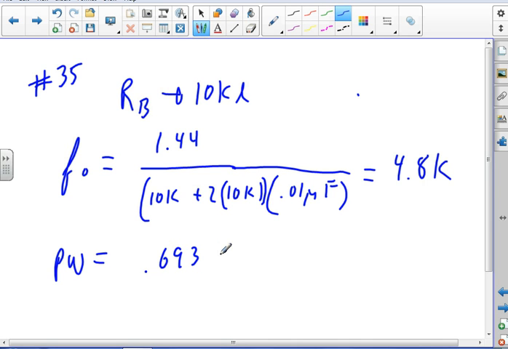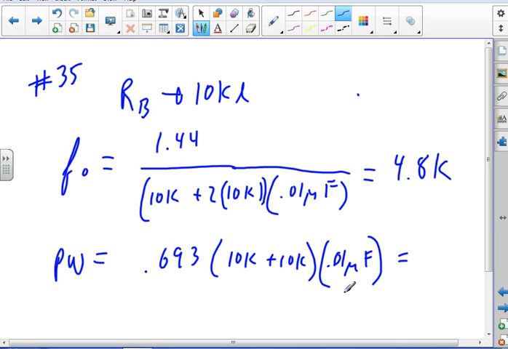So it's 10K plus 10K times 0.01 microfarads. So I've got 0.693 times 20K times 0.01E minus 6.